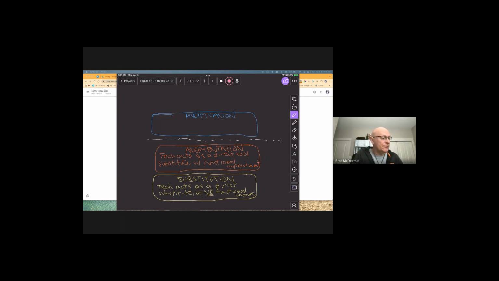And on this one, tech allows for significant task redesign.